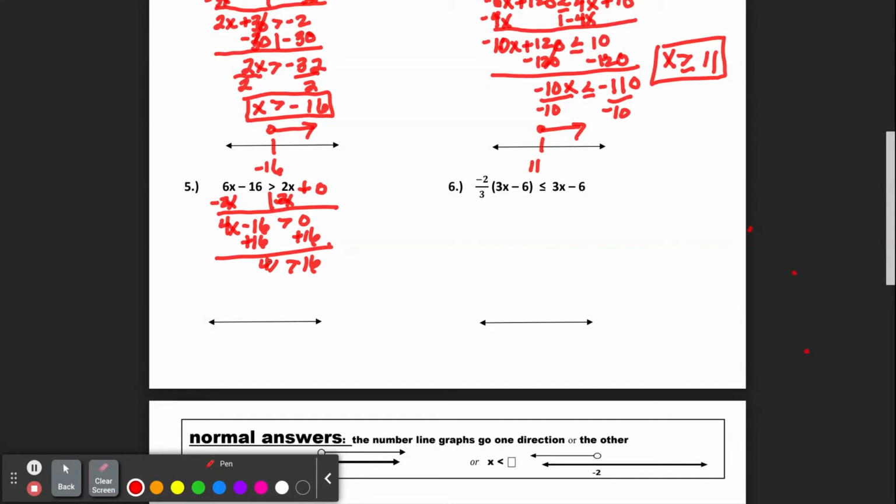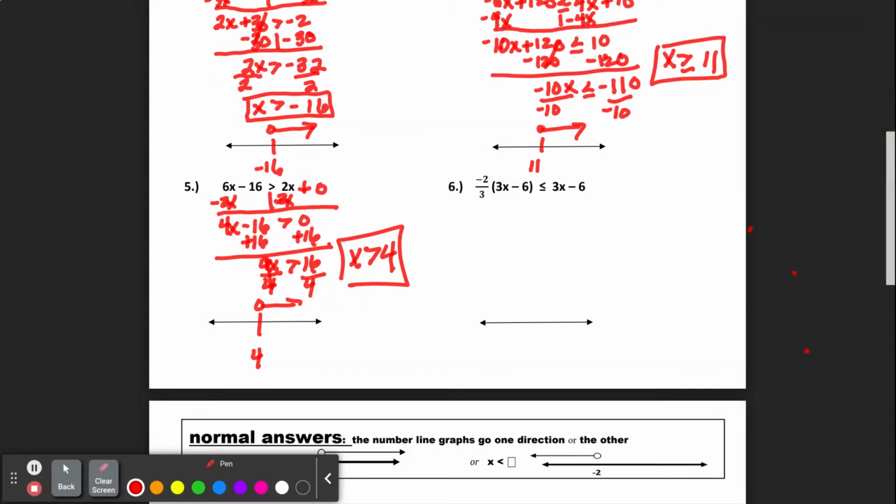And then we're going to divide both sides by 4. So x is greater than 4. So this would become an open circle, and greater than would go to the right.